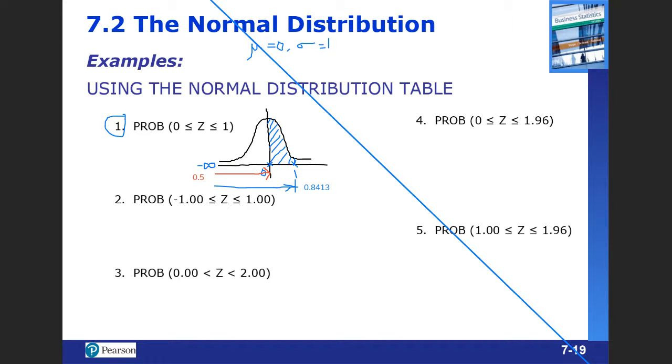Okay, so now moving on to the normal distribution table. I have it here. Okay, so this is a normal distribution table.